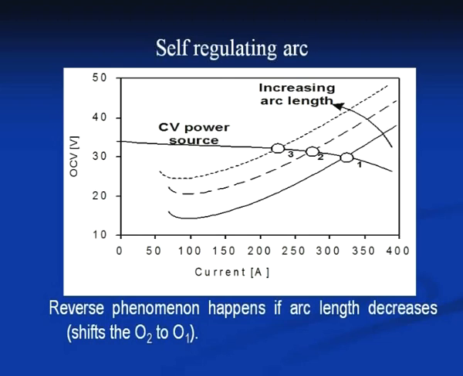arc voltage, and with the increase in arc length, the operating point shifts from 1 to 2, which in turn decreases the current significantly with a small change in the arc length, and so a small change in the arc voltage.